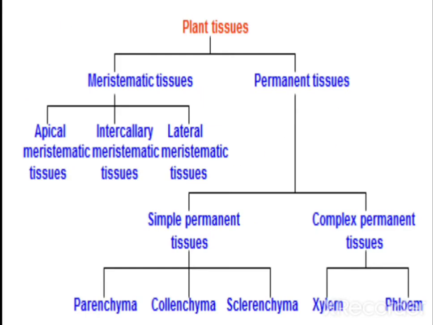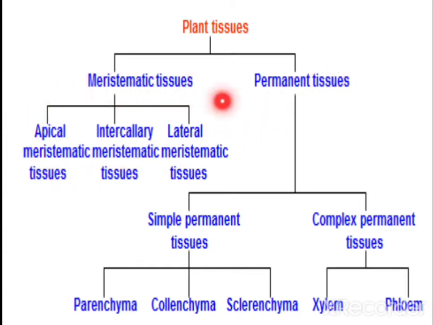Okay, so now let us see the classification in a flow diagram. It will be more clear for you. So the plant tissues are classified into meristematic tissue and permanent tissue. Meristematic tissues are growing tissues, and later they are converted into permanent tissue.